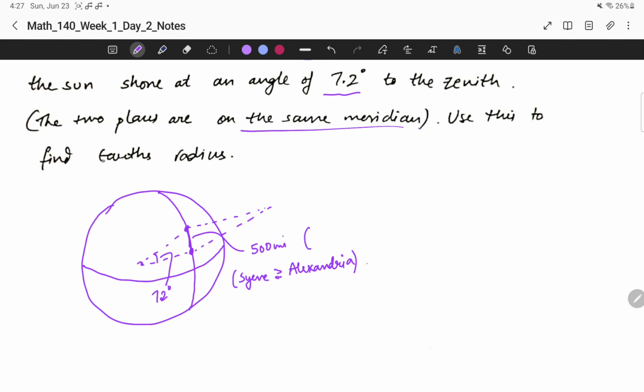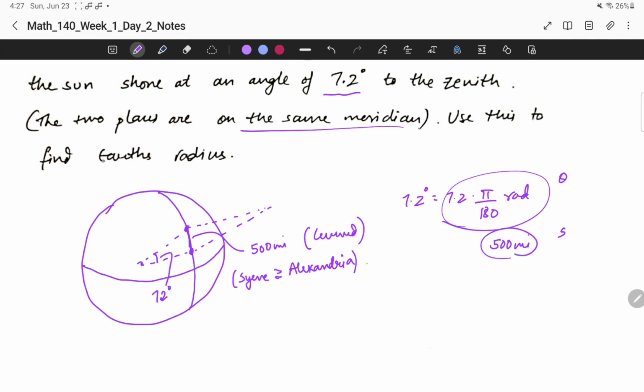Now 7.2 degrees is 7.2 times pi over 180 radians. This is going to be your theta. And your S is 500 miles. So using S equals R theta, R is S divided by theta.